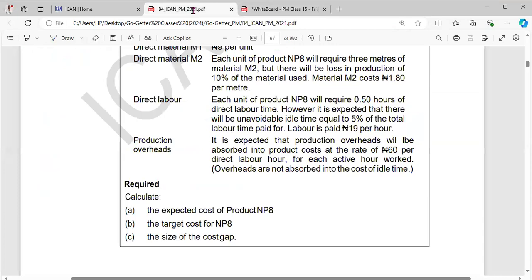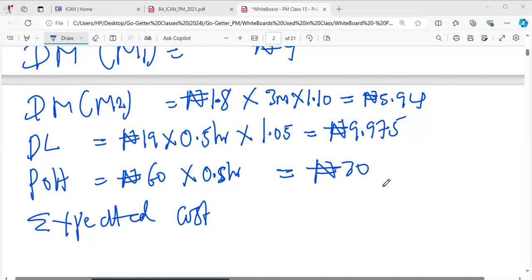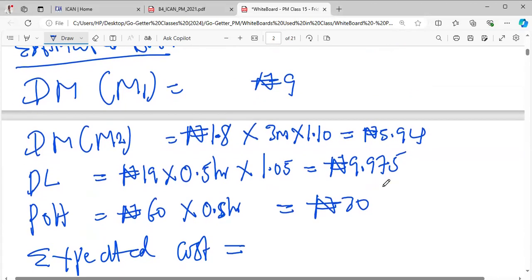We are asked to find the expected cost. Our expected cost is going to be the total of those expected costs that we've made here, starting from this 9 naira.